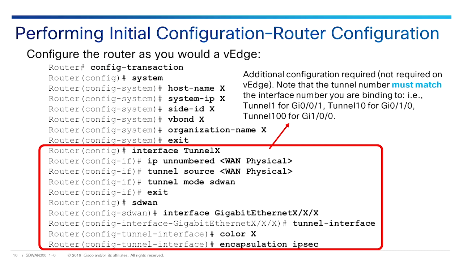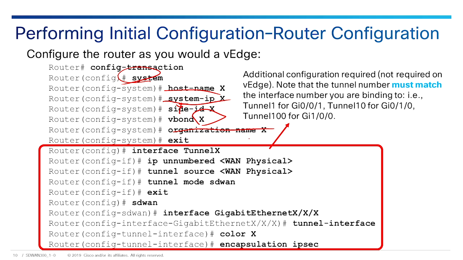It looks and feels like config t, but it's a little different. We go into System and check our host name, system IP, and site ID, the IP address of vBond just like before, and our organization name. Remember we said the organization name has to match exactly? We mean it here too.